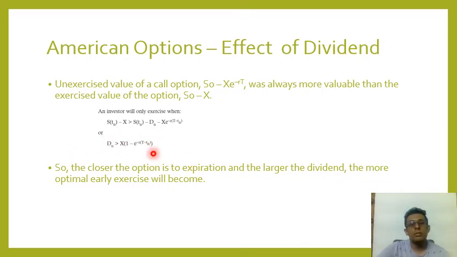So in these two circumstances it is optimal to exercise early. What they are saying is, if the time period is very close to option expiration or our dividend is much larger, then we'll have to exercise early. That is how the effect of dividend in American options is worked out.